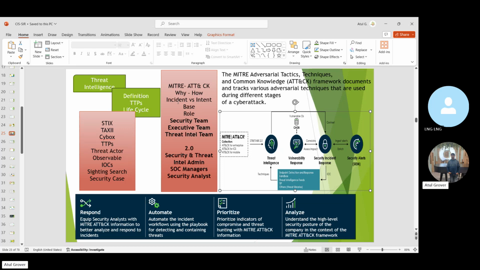If intent based, then it will be at a little broader level: why he did this, why this attack happened. So we have to find out the adversary intent, for example, if someone attacks my network for money, then that can be the reason. We have to do that part.